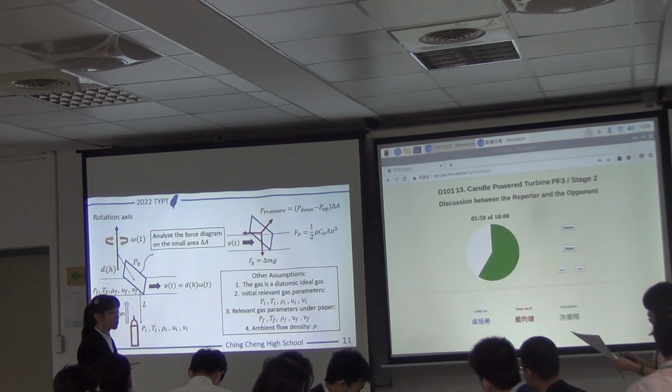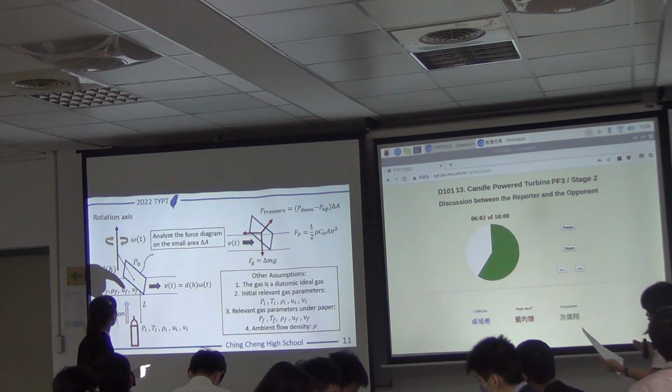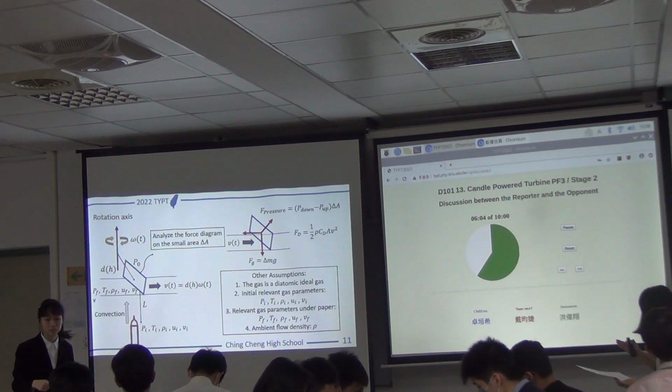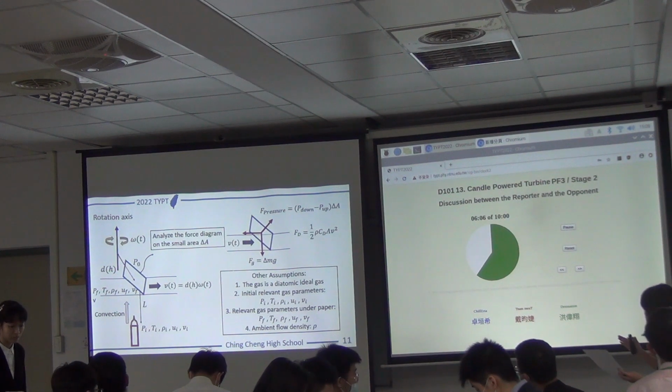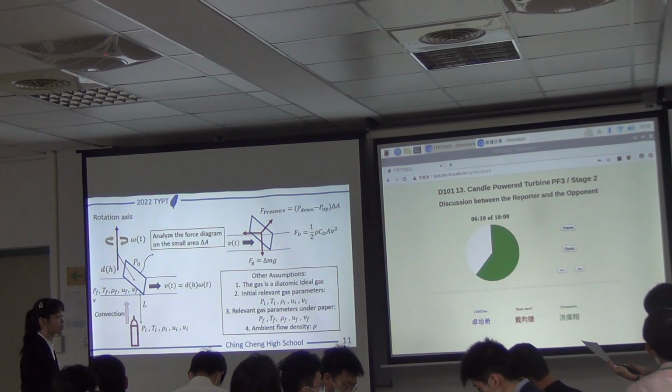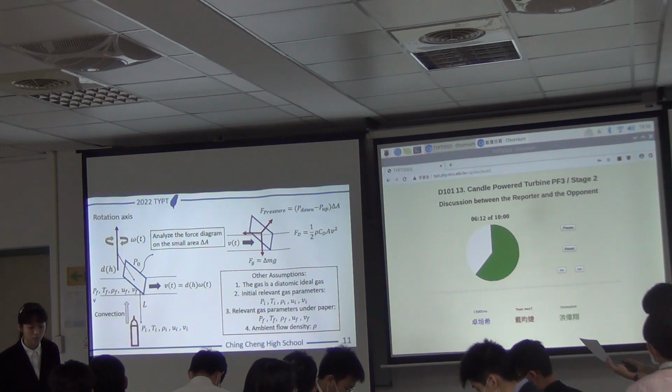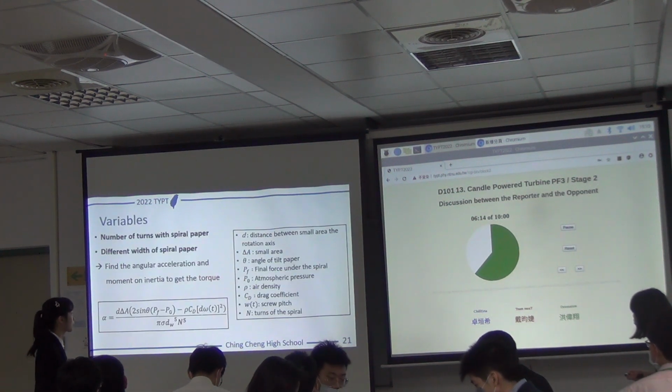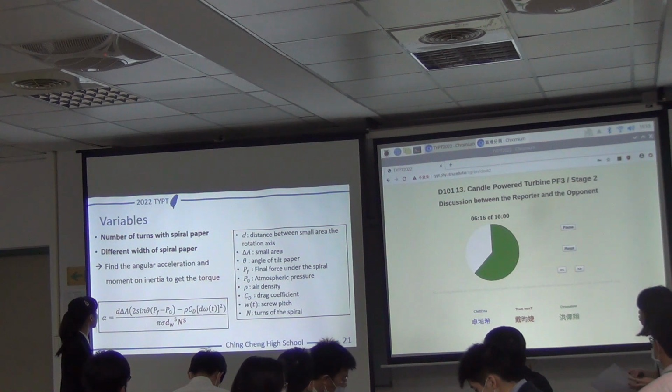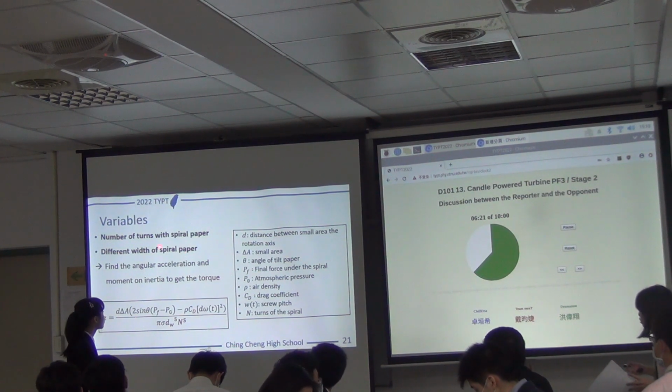And then moving on into the experiment, there are other things I want to talk about. For example, can you please turn to page 21? The variables that you use here are the number of turns of the paper spiral and the different width of the paper spiral.